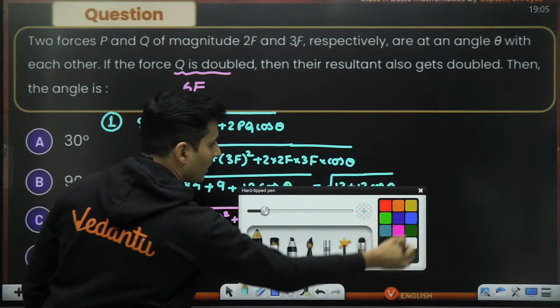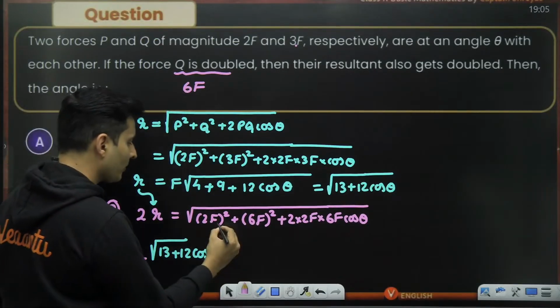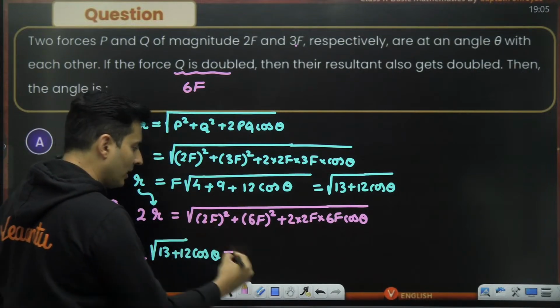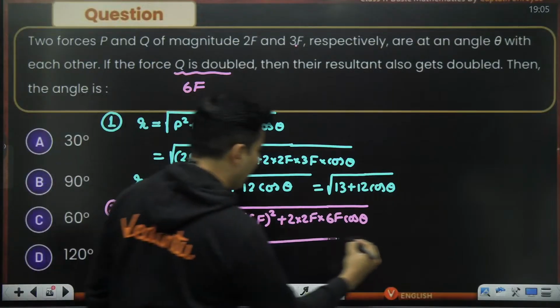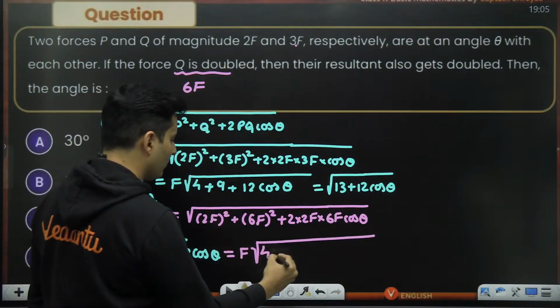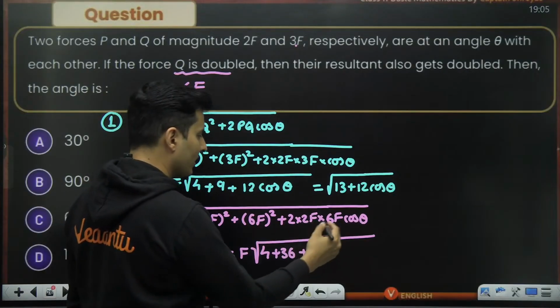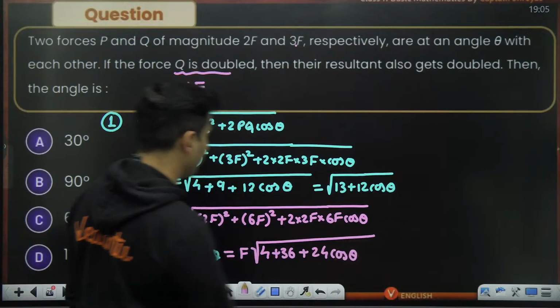This number 2 will be as it is. F square is there everywhere inside the root, so when I bring it outside, square root of F square will become F, and I will have root of 2 square is 4, 6 square is 36, plus 2 twos are 4, 4 sixes are 24. So 24 cos theta over here.